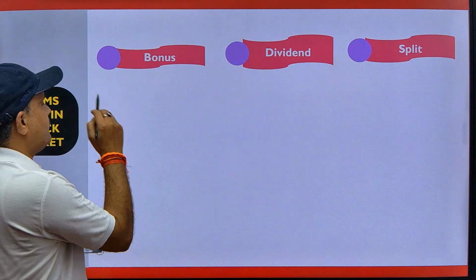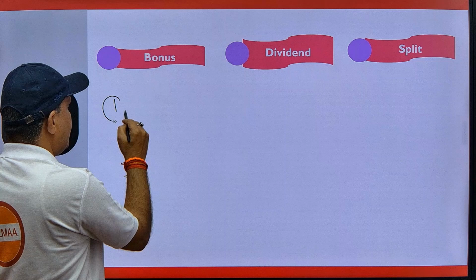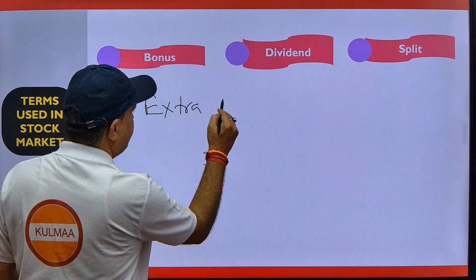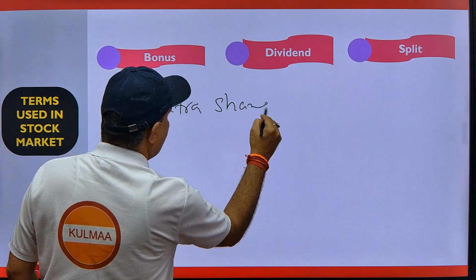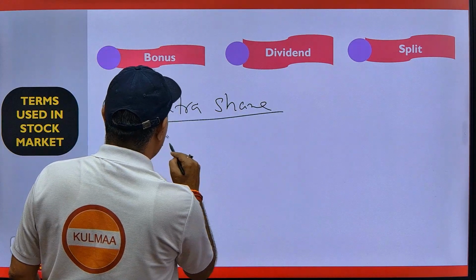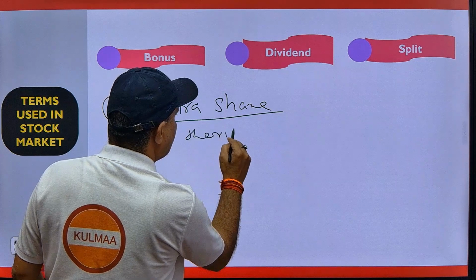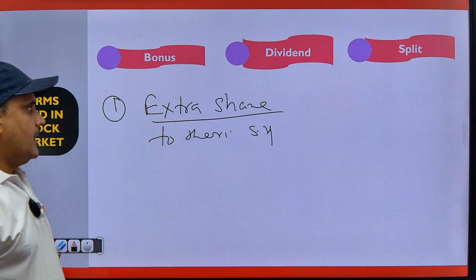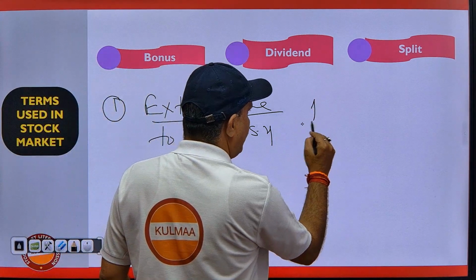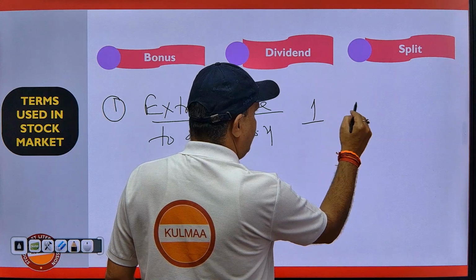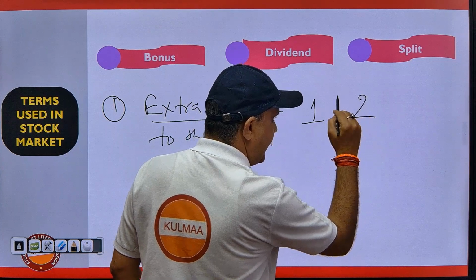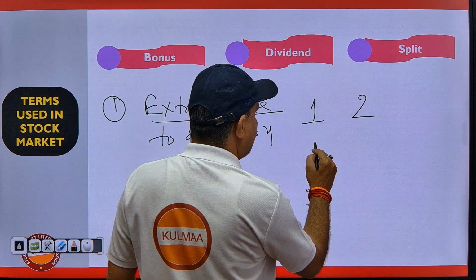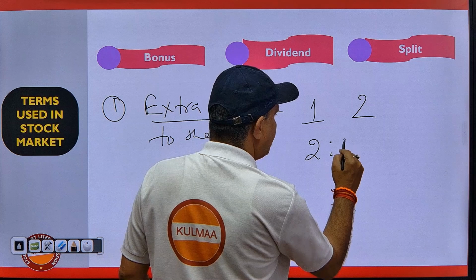So what is bonus? Bonus means if any company gives extra shares to their shareholders, that is known as the bonus. For example, if you have one share with you and the company is going to give you two extra shares, that means the company is going to give the bonus like this, 2:1, right?